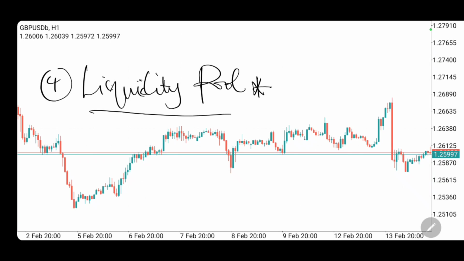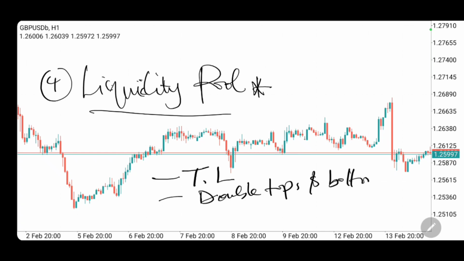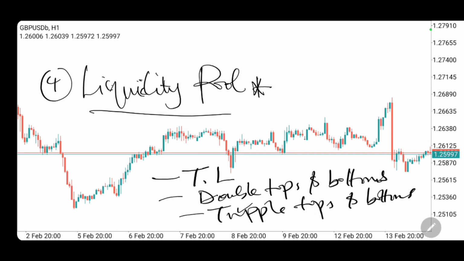I made a separate video on the concept of liquidity. There are different types of liquidity. There is trend line liquidity. There are double tops and double bottoms liquidity. There are triple tops and bottoms liquidity.